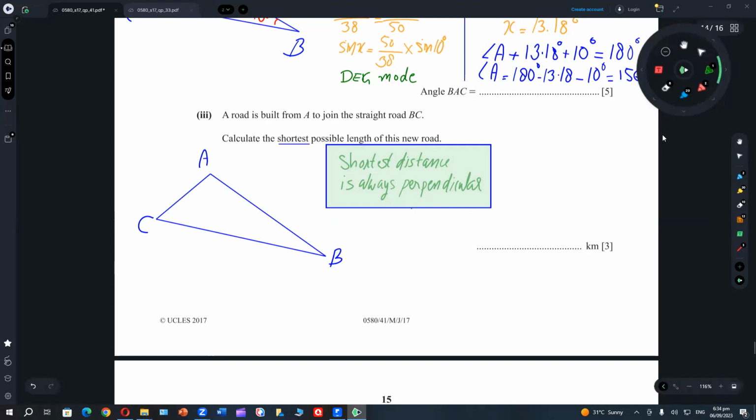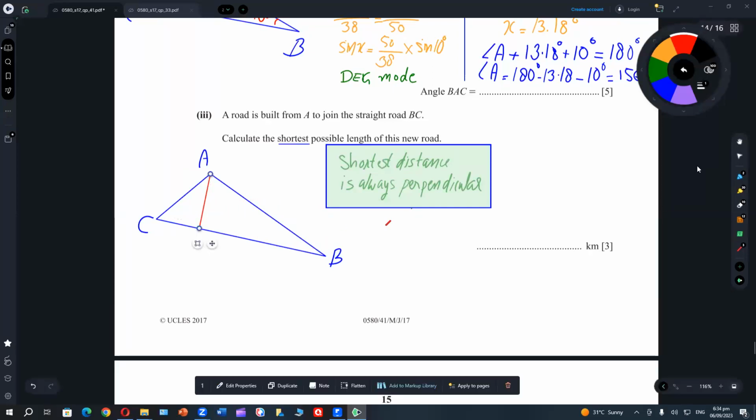I have to draw a perpendicular from A to BC. So please draw with me a neat perpendicular. I have drawn this red line.